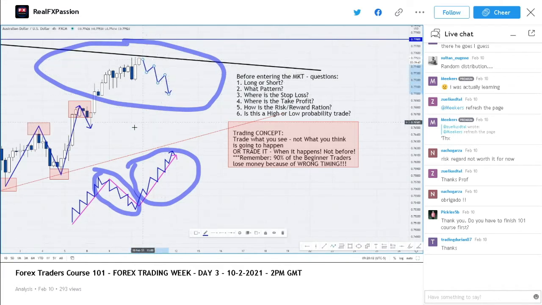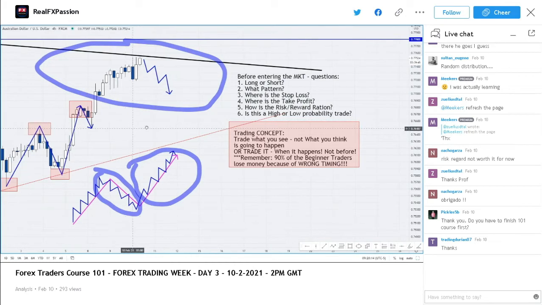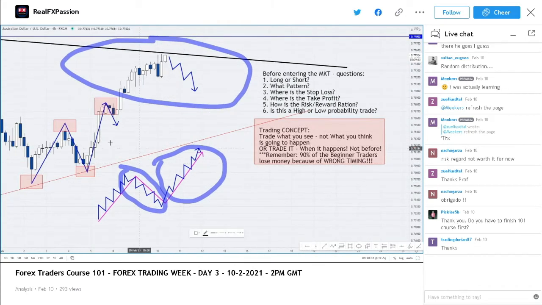This would be number 1, beginner traders. Before shorting the market, we would wait for the counter trend line break. And all of these questions here are before entering the market. So we would wait for the change in the short-term trend.